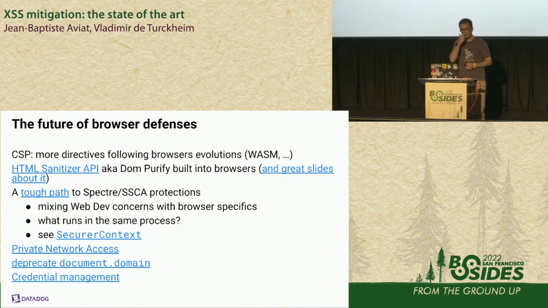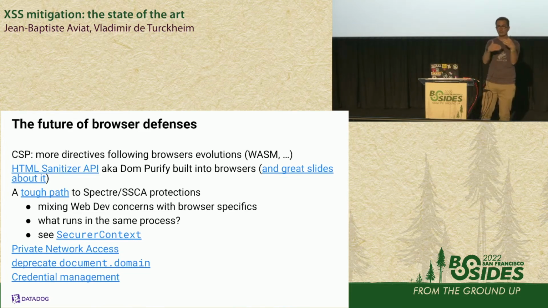So the HTML Sanitizer API that Vlad described, you know, it's very hard to write parsers, and so it's very hard to write two parsers that will behave in the exact same way. So each browser is different. So when you are using DOMPurify, it's sometimes difficult to ensure that you have the same level of protection across all browsers.